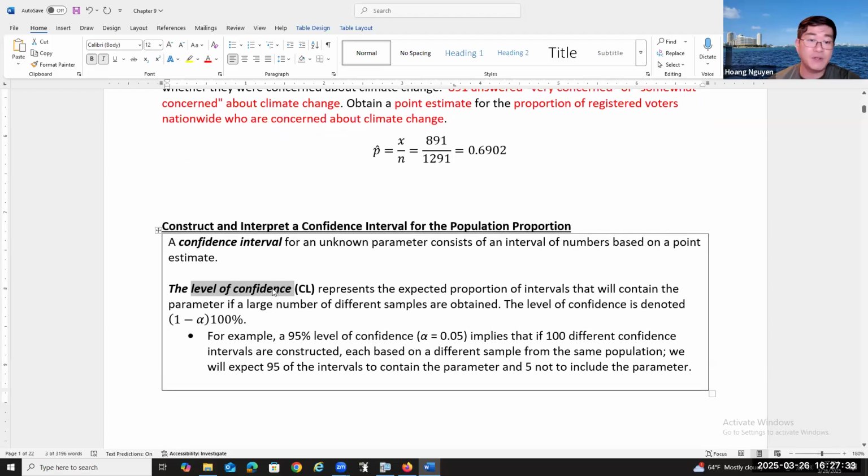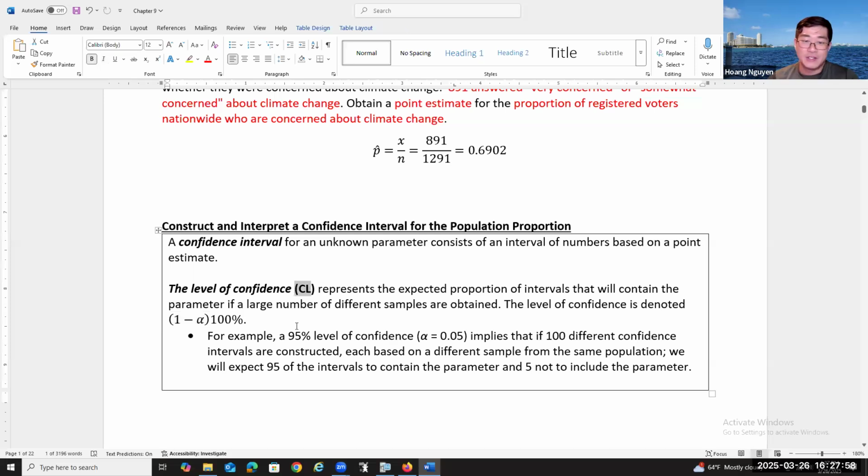The level of confidence, CL, represents the expected proportion of intervals that will contain the parameter if a large number of different samples are obtained. The level of confidence is denoted by 1 minus alpha. So 1 minus alpha is equal to the confidence level.